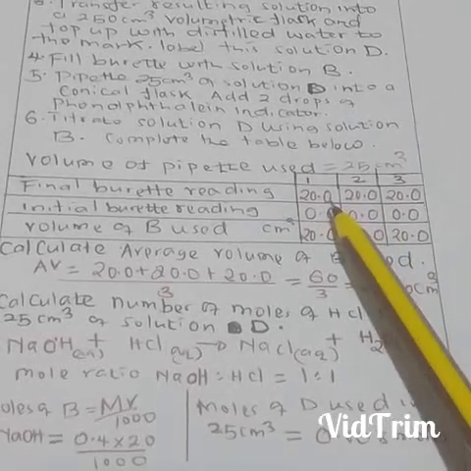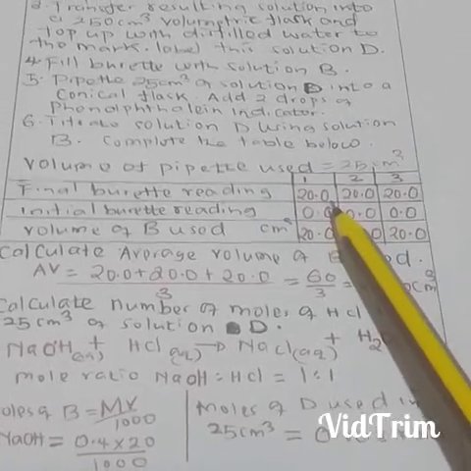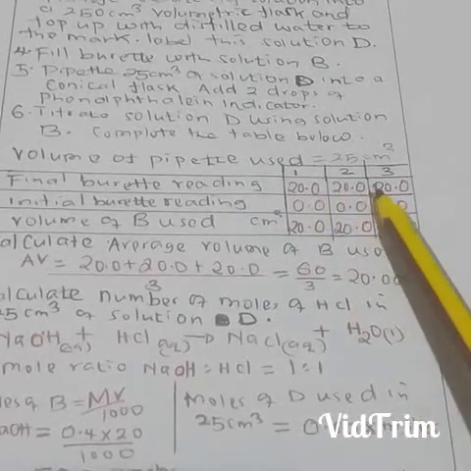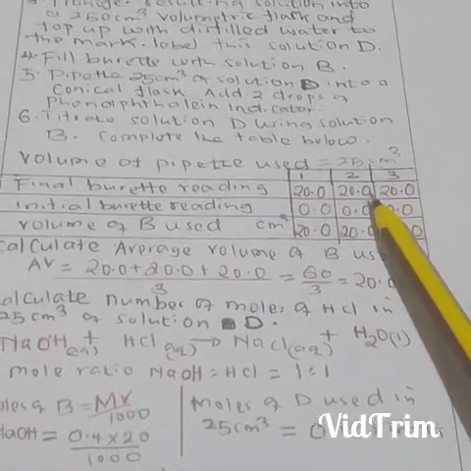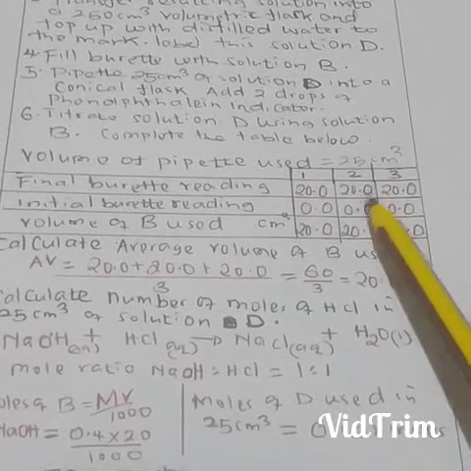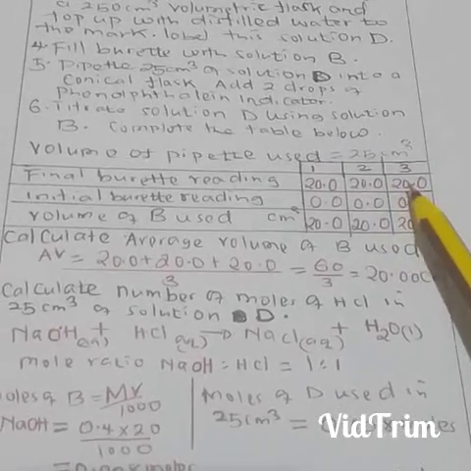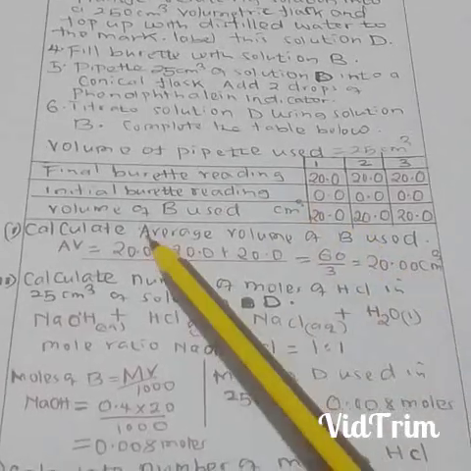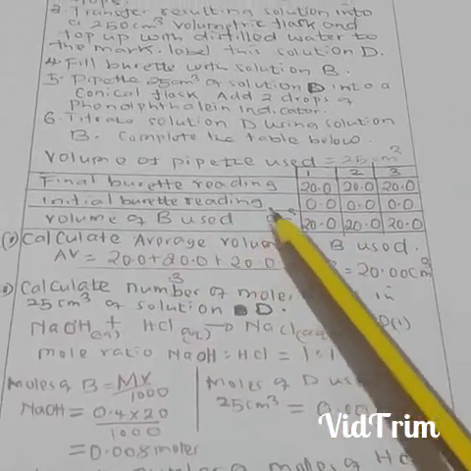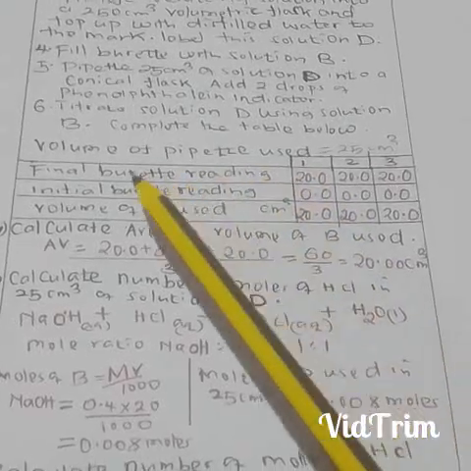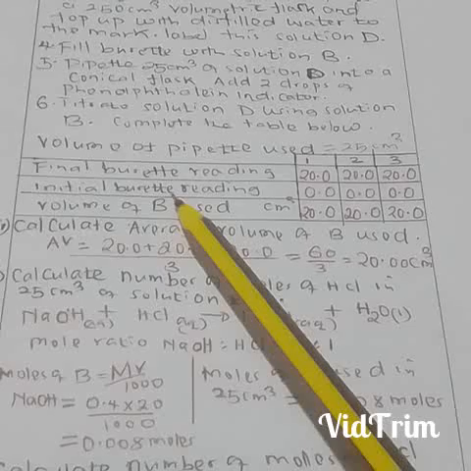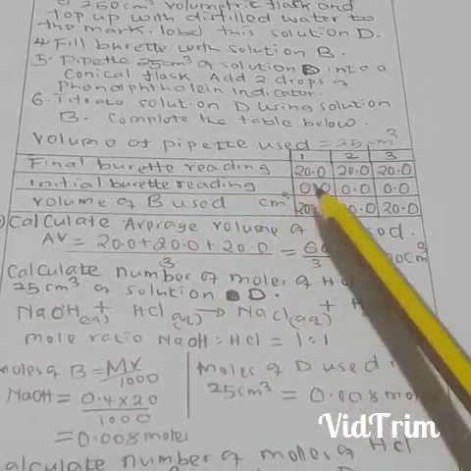So when you look at the final burette reading for the first, second, and third titration, they are 20.0, 20.0, 20.0. Then how do you get the volume of solution B used? Always we take the final burette reading, then you subtract the initial burette reading.